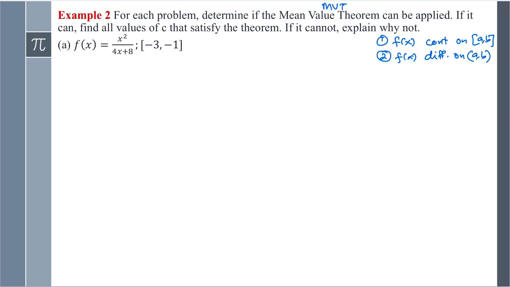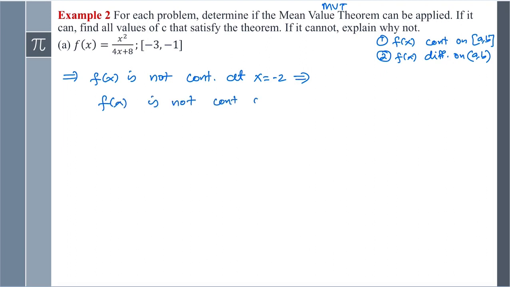So what I'm going to say here is f of x is not continuous at x equals negative 2, which is same as saying f of x is not continuous on the given closed interval, which means this function does not satisfy this first condition of mean value theorem, which basically means we cannot apply the mean value theorem.